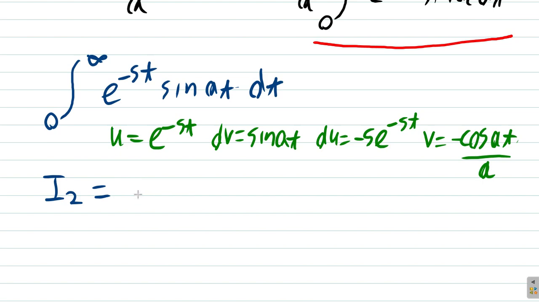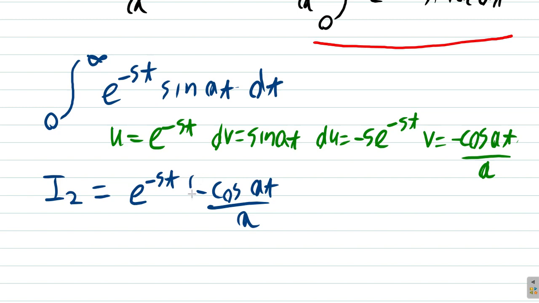Now this is going to be the integral of u dv is equal to uv, which is e to the negative st times negative cos at over a.